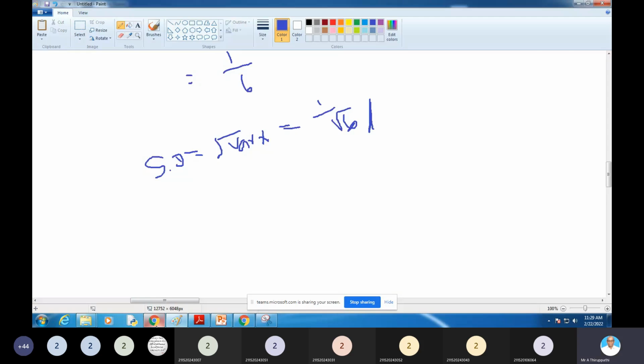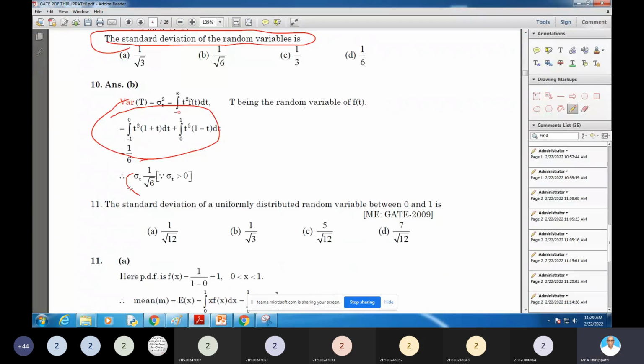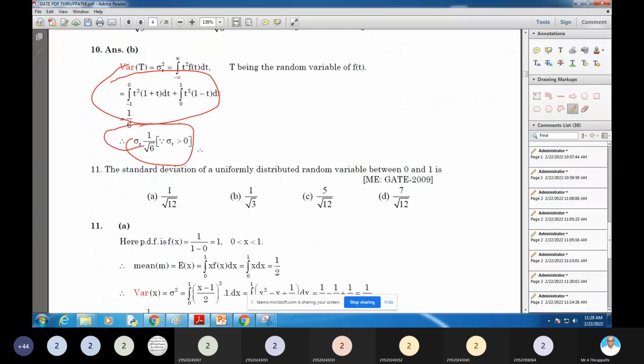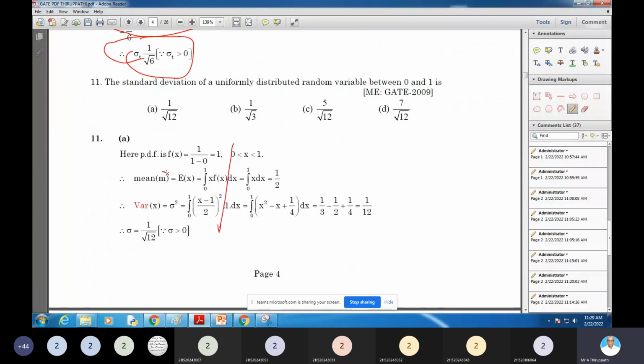Okay, the option is given directly as 1 by root of 6. But this is not necessary. We have given a lot of formats, but they are not necessary. The standard deviation of a uniformly distributed random variable between 0 and 1: what is the formula?